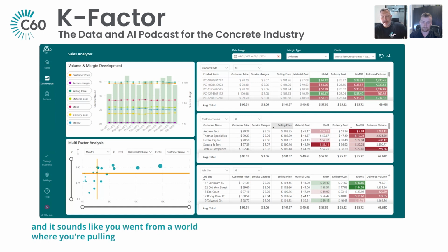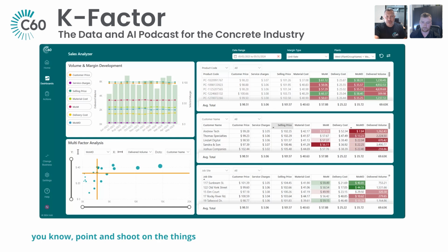And it sounds like you went from a world where you're pulling these different reports, trying to compile them in an integrated way, and then doing the analysis. From the example you're showing me, all of that's kind of done for you. And here you're just point and shoot on the things that really matter that you want to analyze, and you're not doing any of that legwork. Did I get that right?